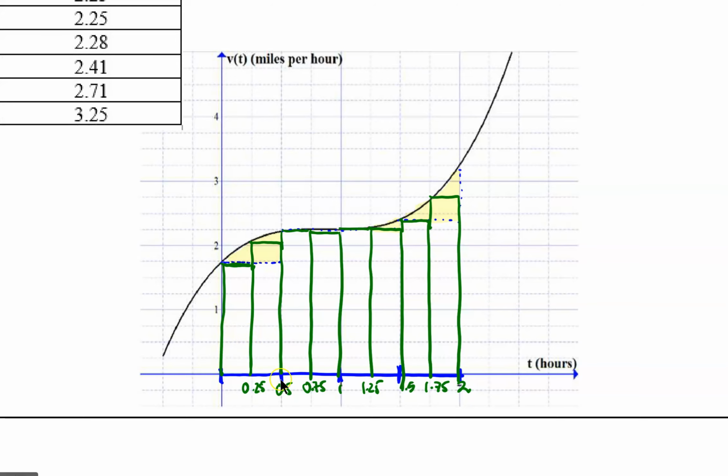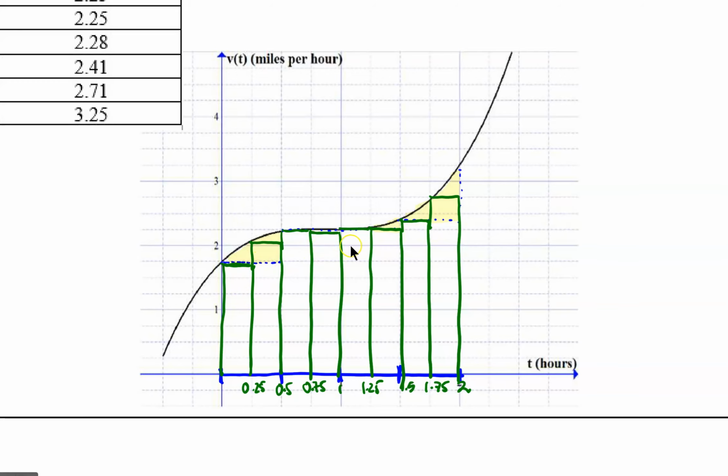So notice that by taking the number of intervals and doubling them, instead of having 4 rectangles, I now have 8 rectangles. I can reduce the error in my estimate. What we have shaded here in yellow is the error from the left endpoints using 4 rectangles.